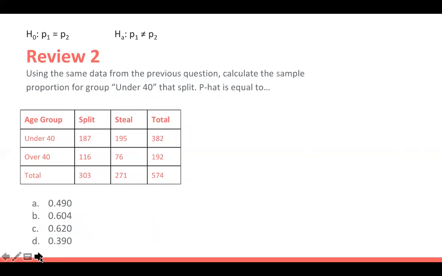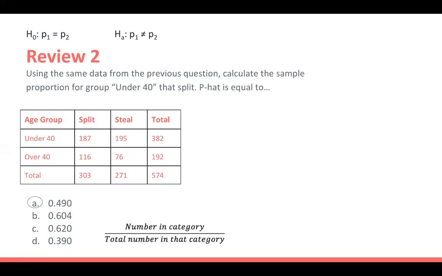All right, so moving on to U2. Using the same data from the previous question, calculate the sample proportion for the group under 40 that's split. So really we just calculate our p-hat here. We take the number in the category divided by the total number in that category.